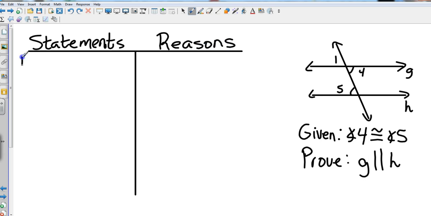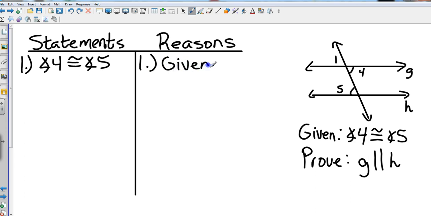And obviously, number 1, we're going to put that angle 4 is congruent to angle 5, and that's the given.